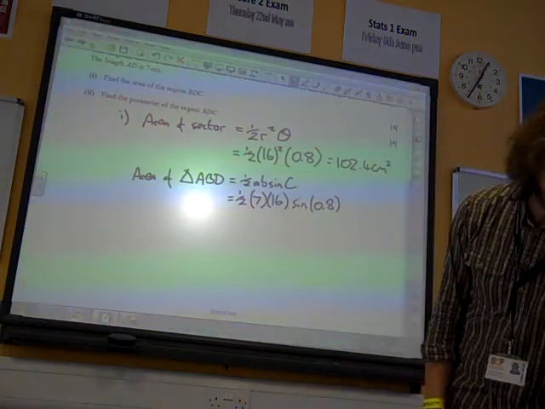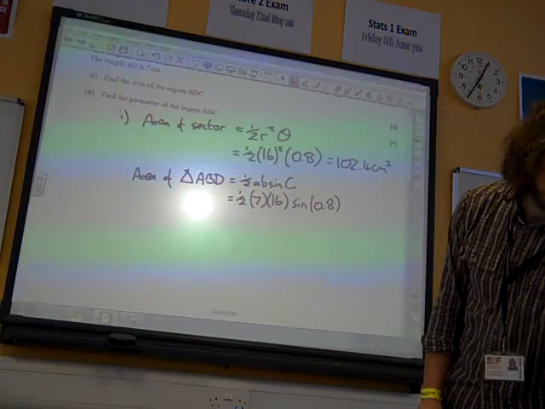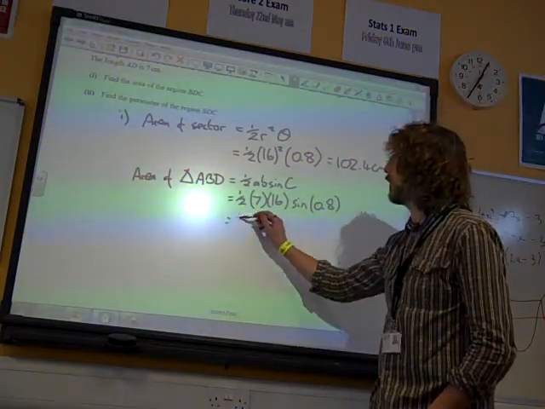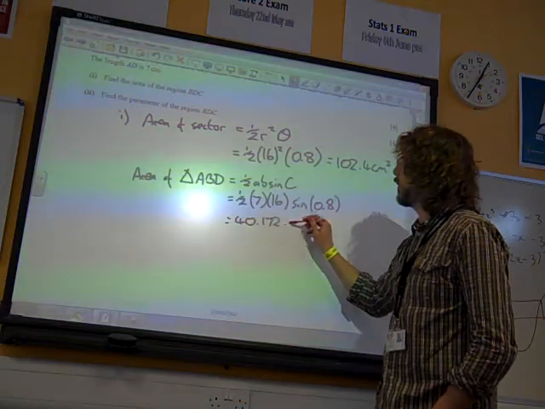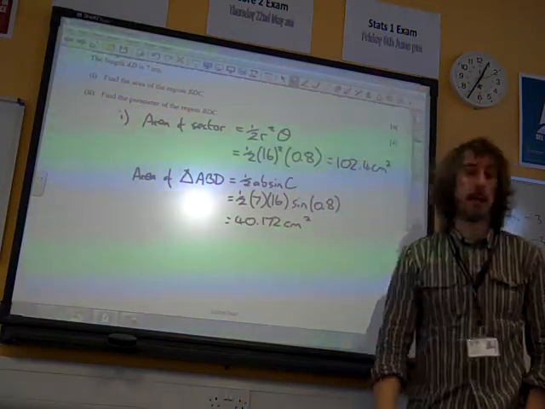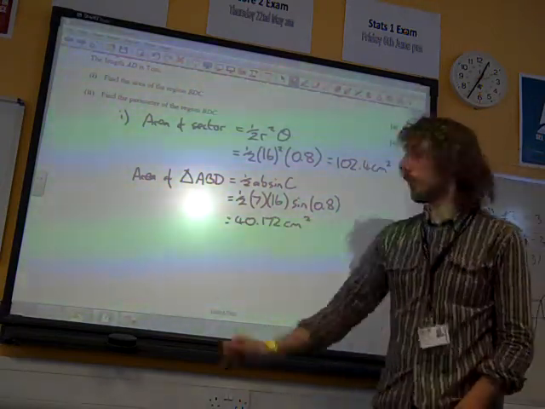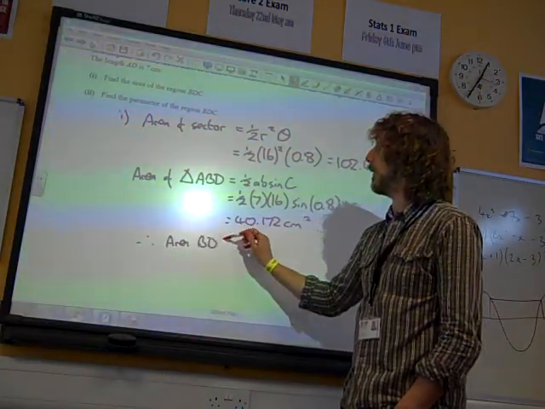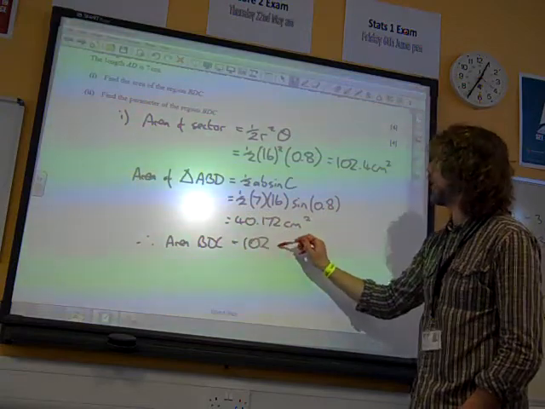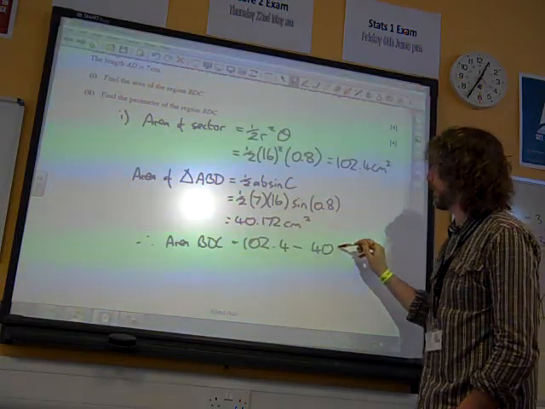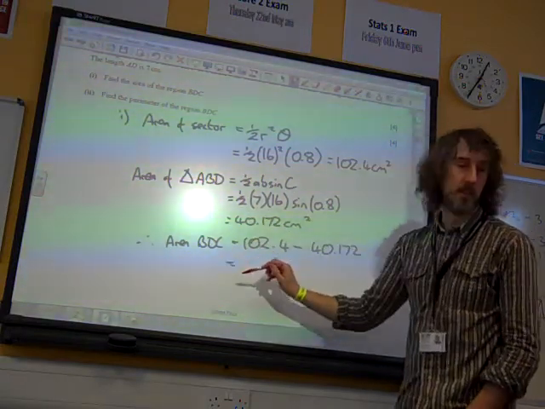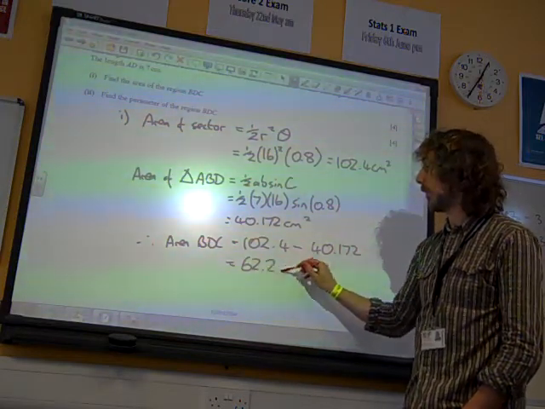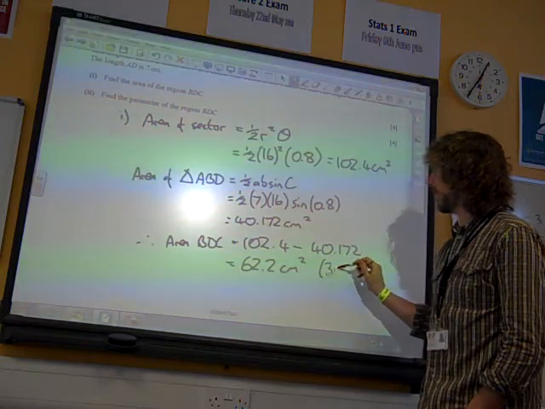And then we get a value of 40.172 centimetres squared. So the area that we want, the area of BDC, is the big number, take away the little number, which is 62.2 centimetres squared to 3 significant figures.